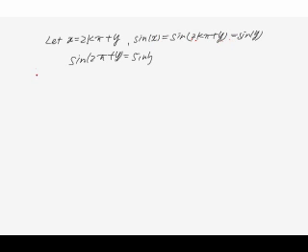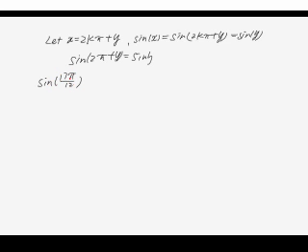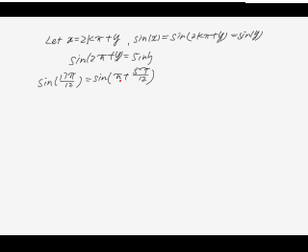Some guy asked me how to find the value of sine of 17 pi over 12. For this one, if you find that 17 is too big, you may first find the reference angle. We know you can write this as pi plus 5 pi over 12. Then the reference angle of 17 pi over 12 is just 5 pi over 12.